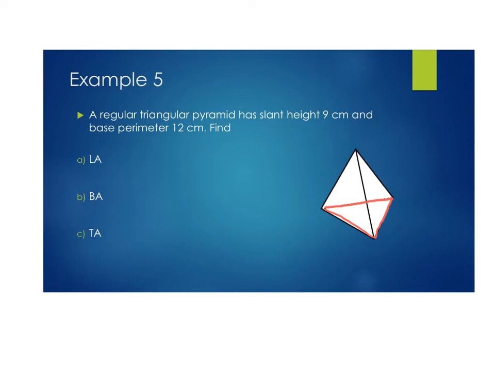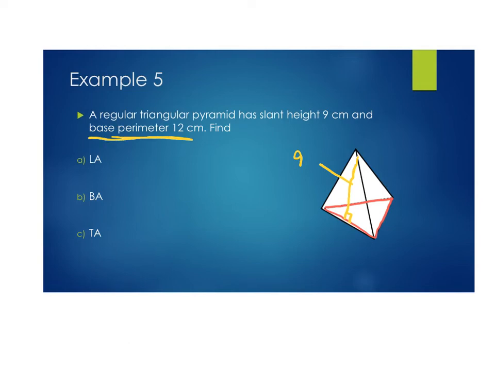Let's go ahead and label our figure based on our given information. This time they're giving me the slant height. So my slant height again goes here and down the side of the triangle. And this is 9. It's giving me my total base perimeter.